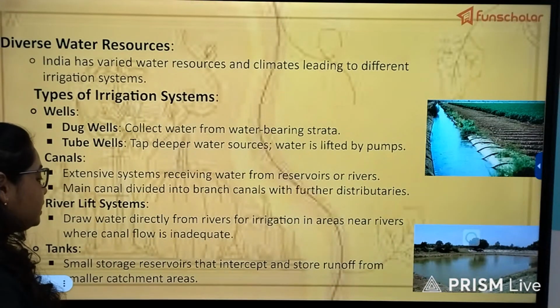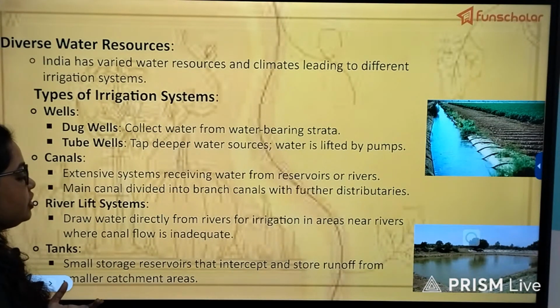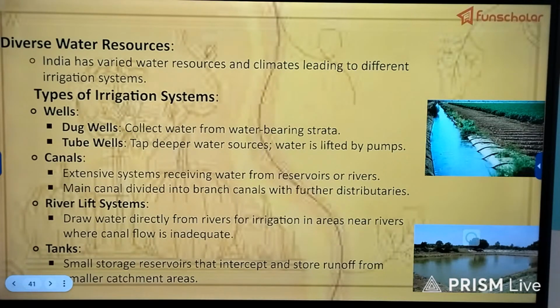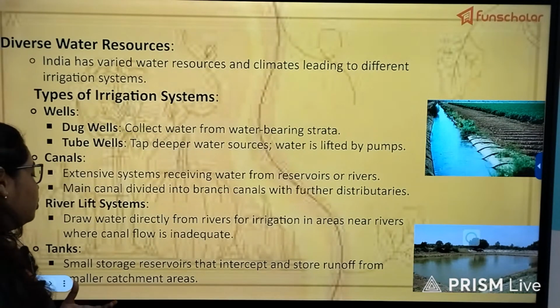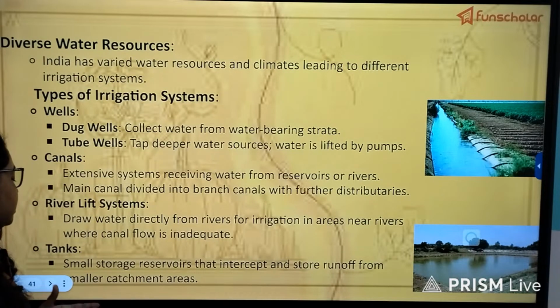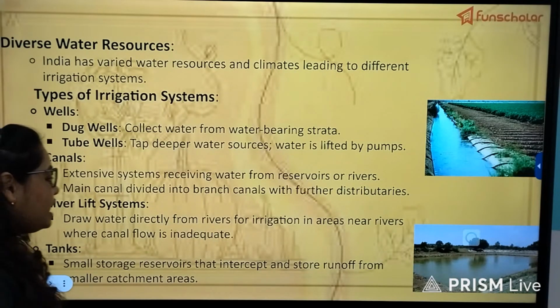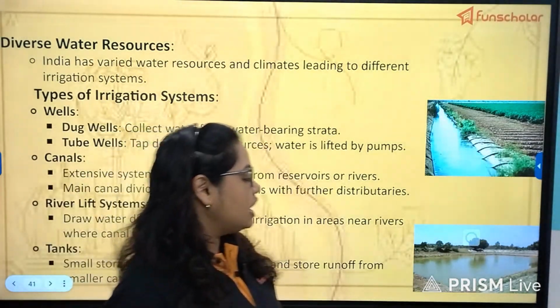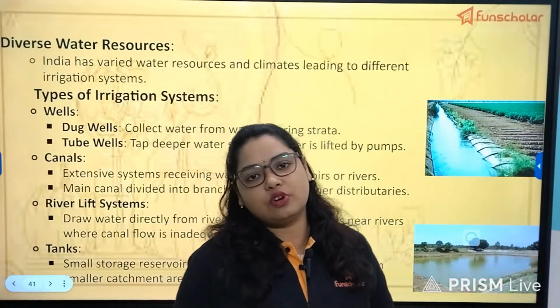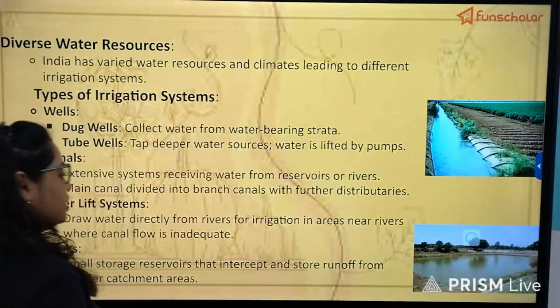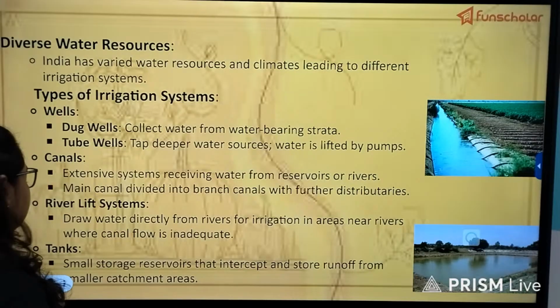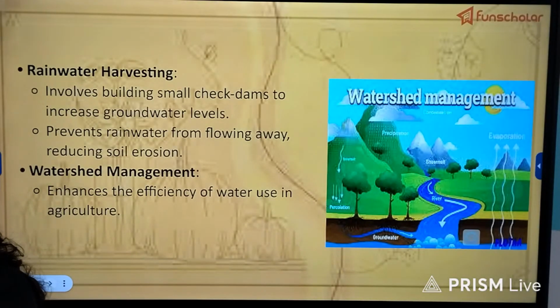Finally, we have tanks which will intercept the surface water runoff and lead to checking soil erosion, and on the other hand help in meeting the requirement of the crops.